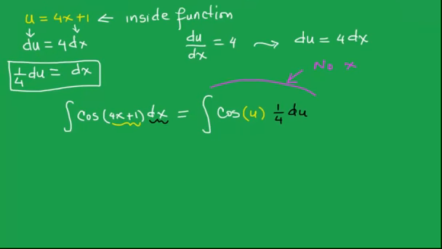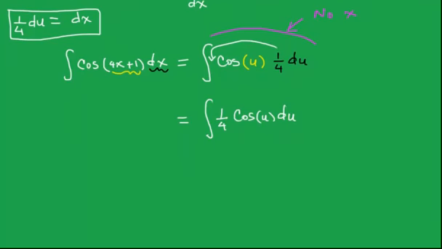Now I'm going to rearrange this antiderivative. I'm just going to write the 1/4 to the front. So I have 1/4 cosine of u du. Now I can take the antiderivative.